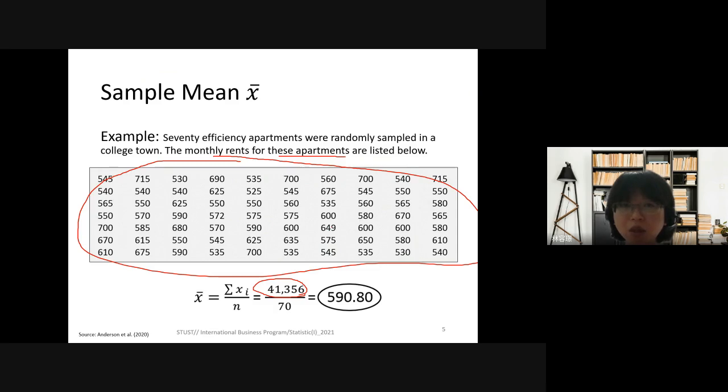And because you know there are 70 apartments, you divide by 70, then you will get the sample mean, that the average monthly rent for the apartments is about such money. So it's a sample mean.